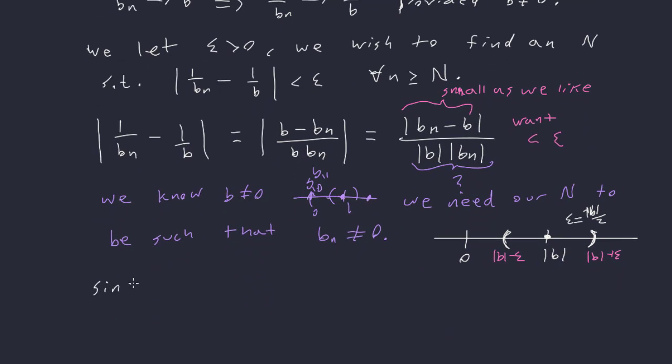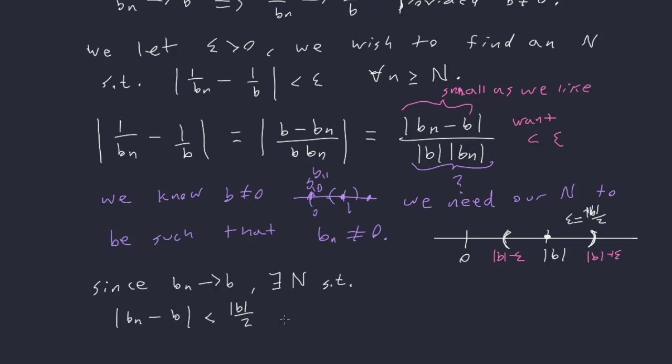Since Bn converges to b, there exists a capital N such that the absolute value of Bn minus b is less than the absolute value of b over 2.